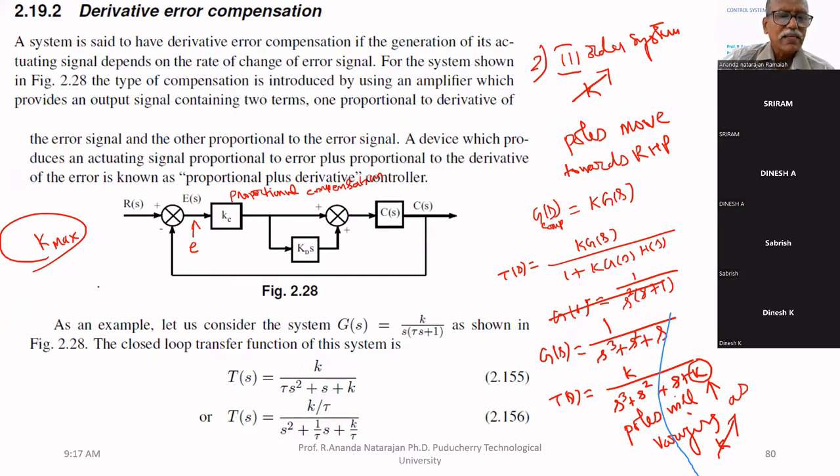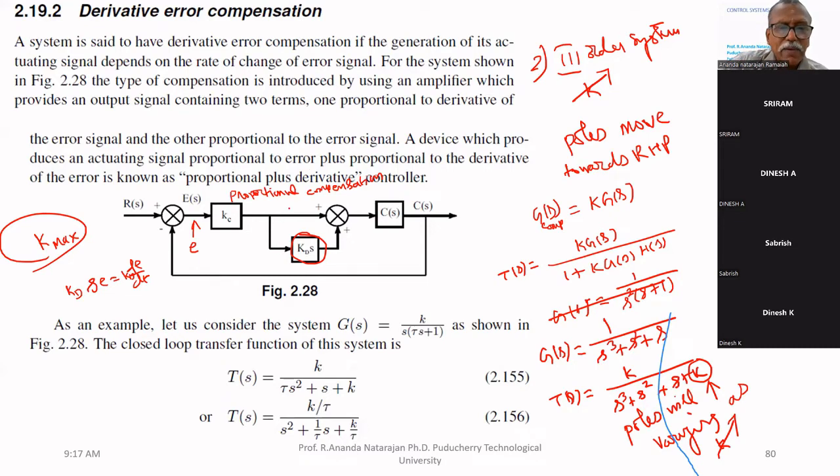If you multiply E by S, it means d by dt. If you multiply d by dt by Kd, some gain K, that is called Kd d by dt. That is given by this KdS. S means differentiation. The error is multiplied by derivative.